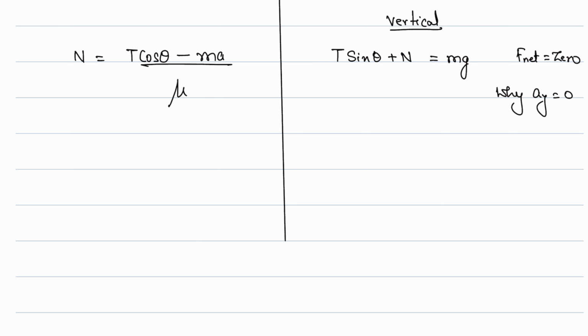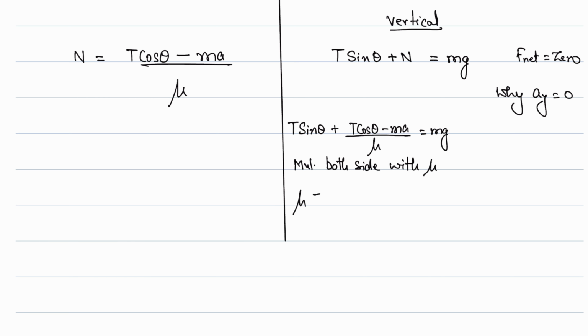So I can say T sine theta plus the value of N, T cosine theta minus MA divided by mu, is equal to mg. Multiply both sides with mu. So you will get mu times T sine theta plus T cosine theta minus MA, which is equal to mu times mg.